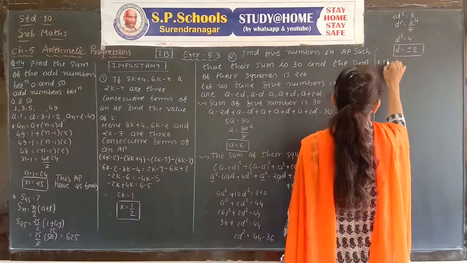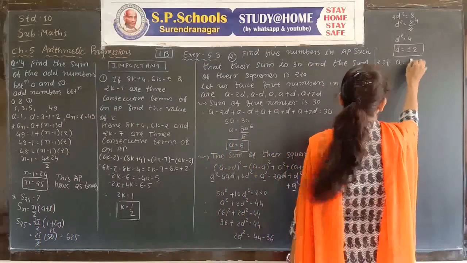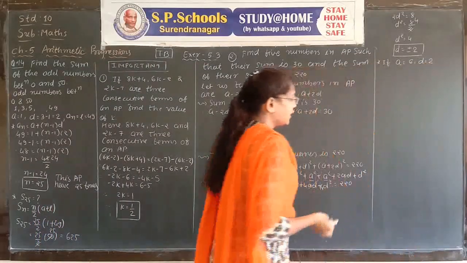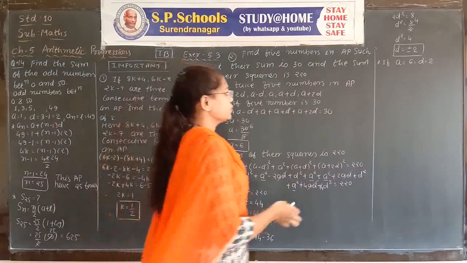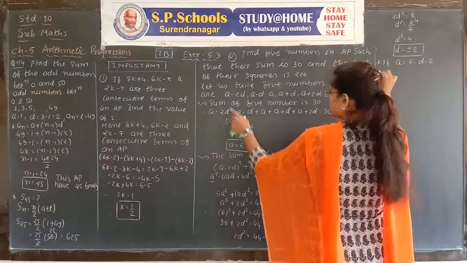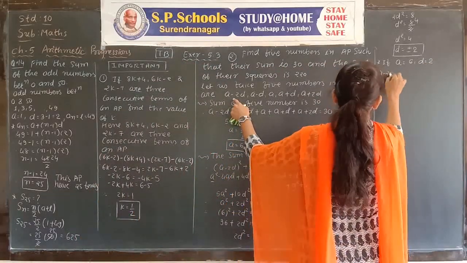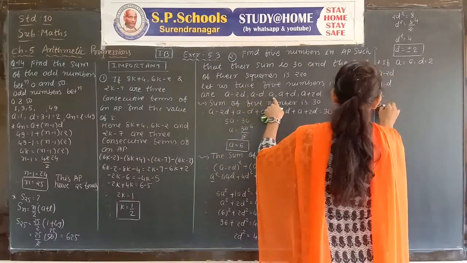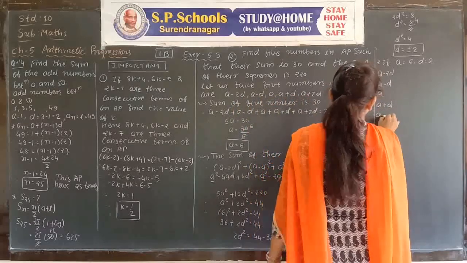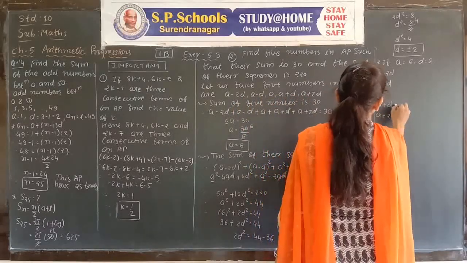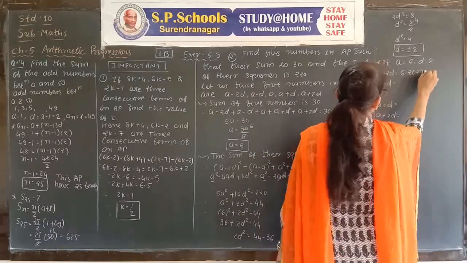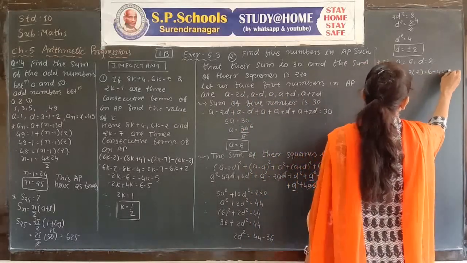Now there are two situations. One is A is equal to 6, then the value of D is equal to 2. The numbers required are A minus 2D, A minus D, A, A plus D and A plus 2D. 6 minus 4 is equal to 2.